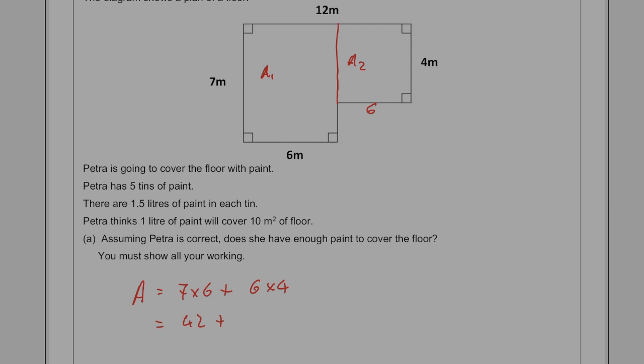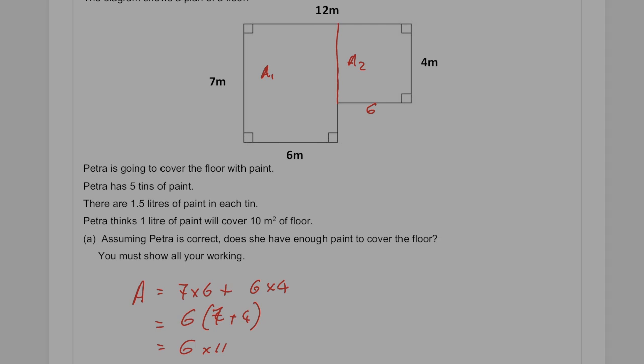Actually, what I could have done is, let's just say that that's going to be 6 times by 4 plus 7. So that's going to be 6 times by 11, which would give me 66 meters squared. So that's the area that she needs to cover.